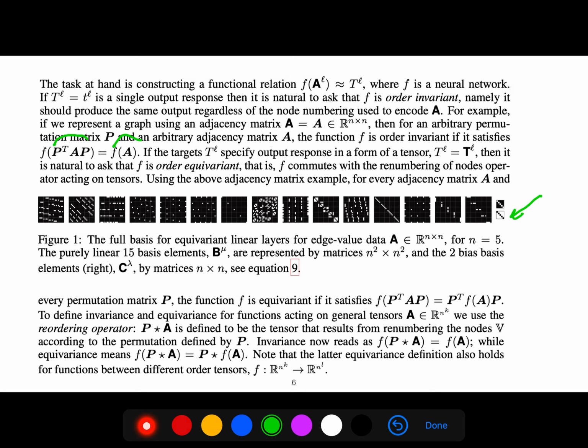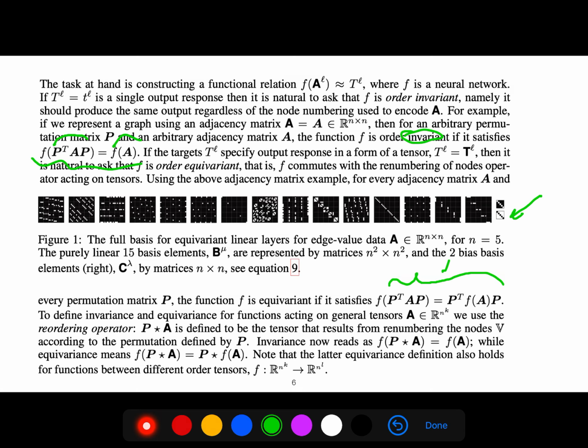The 15 basis elements are represented by matrices. So for every permutation matrix P, the function is equivariant if and only if f of P transpose A P is equal to P transpose f of A P. So for invariant, we had this relation. For equivariant, we have this relation.